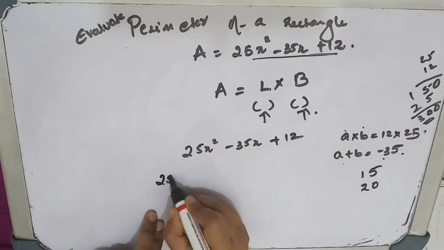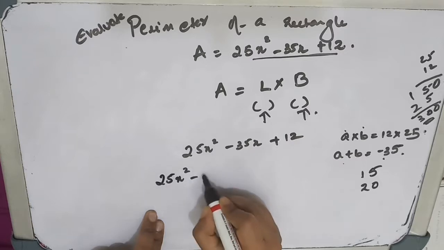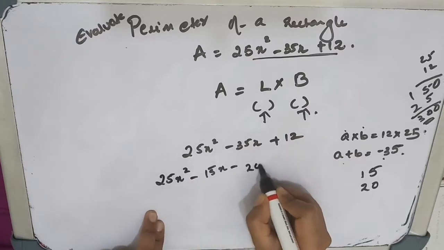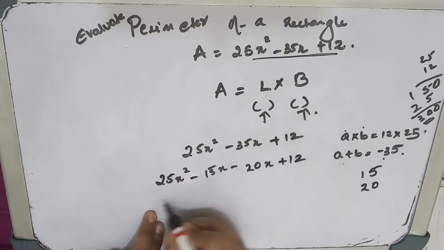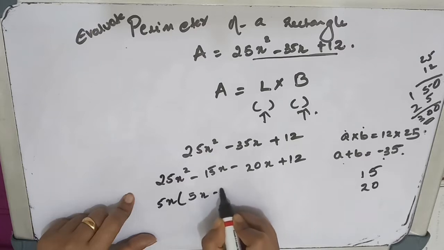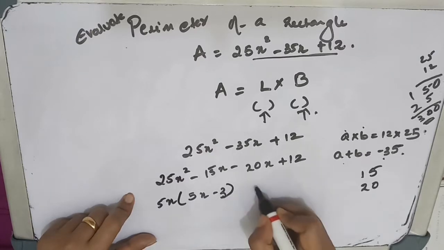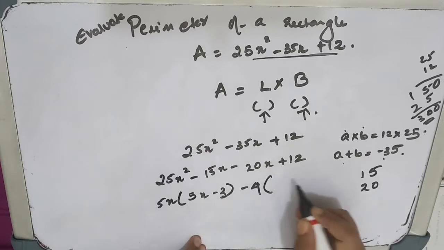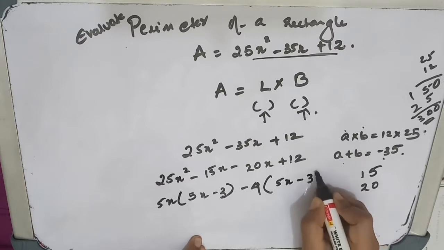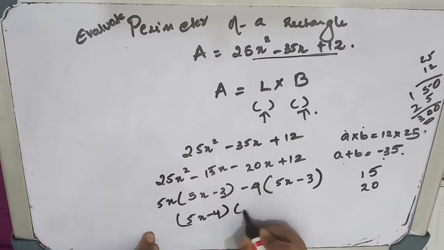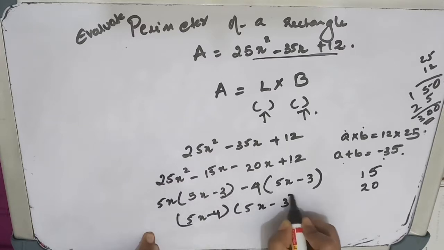So let us split up the middle term as minus 15x and minus 20x. Taking 5x common, we have 5x minus 3. Here also taking 4 common, we have 5x minus 3. So 5x minus 4 into 5x minus 3.